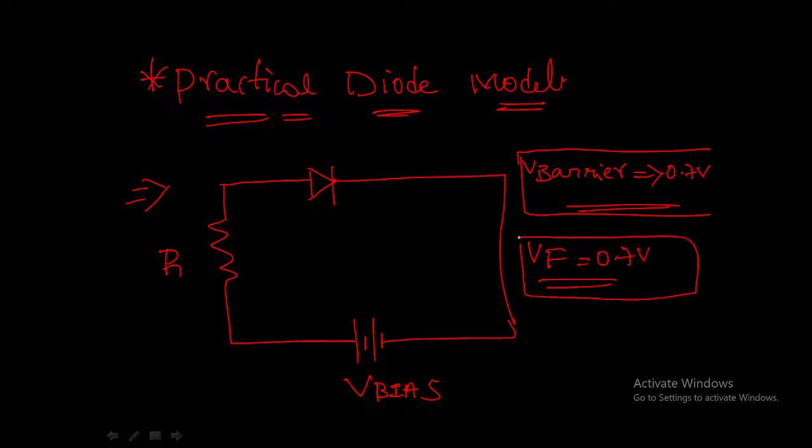So in forward bias condition, in the diode model, we are going to replace this diode with a forward voltage Vf, that is the barrier potential, and with a closed switch.